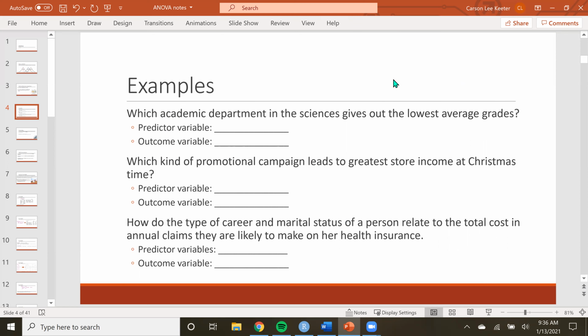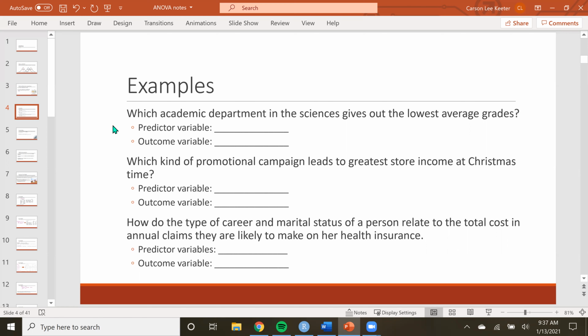But now we're going to have more than two. So that means we're shifting into the language of saying what our predictor is and what our outcome is. We're going to see how the outcome is affected by our predictor. And in the case of these one-way ANOVAs, our predictor variable is always the grouping variable, the thing that we are using to separate the data.